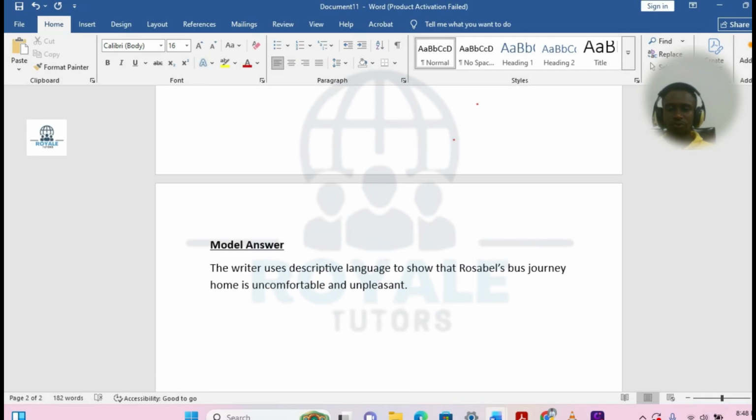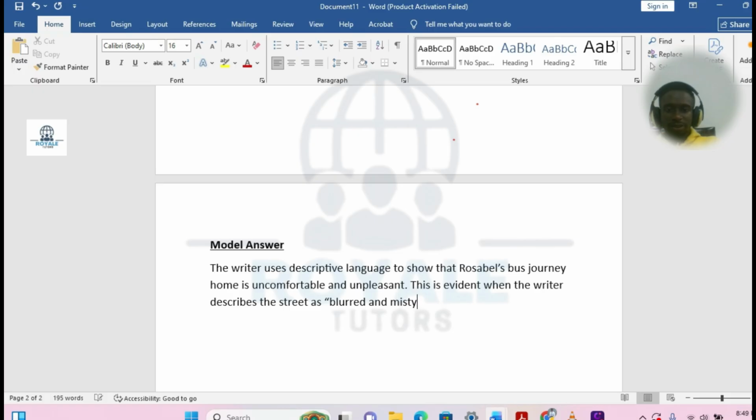So how then do we write the second sentence? You need to start with a sentence starter. So we have something like, when the writer describes the street as blood and misty.